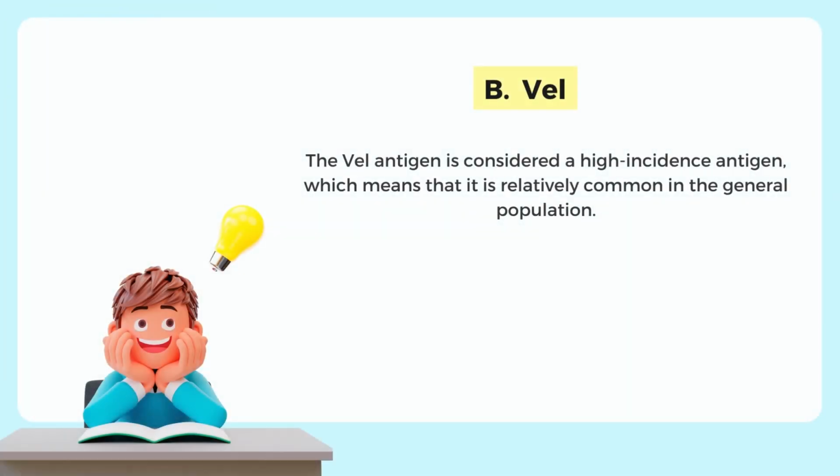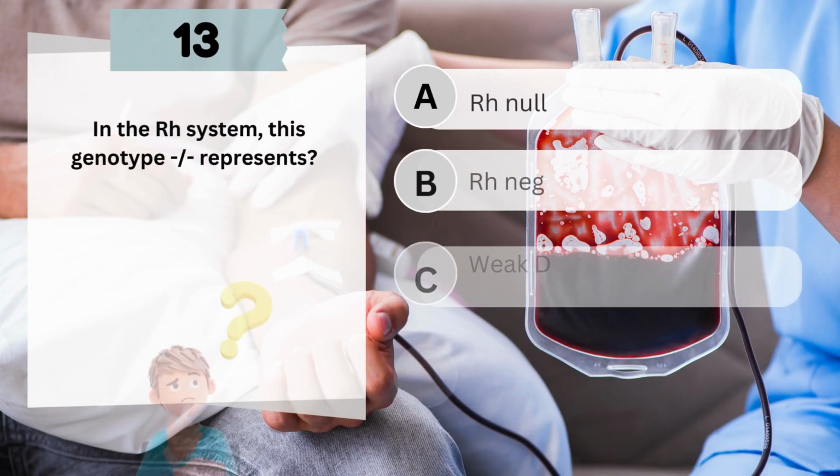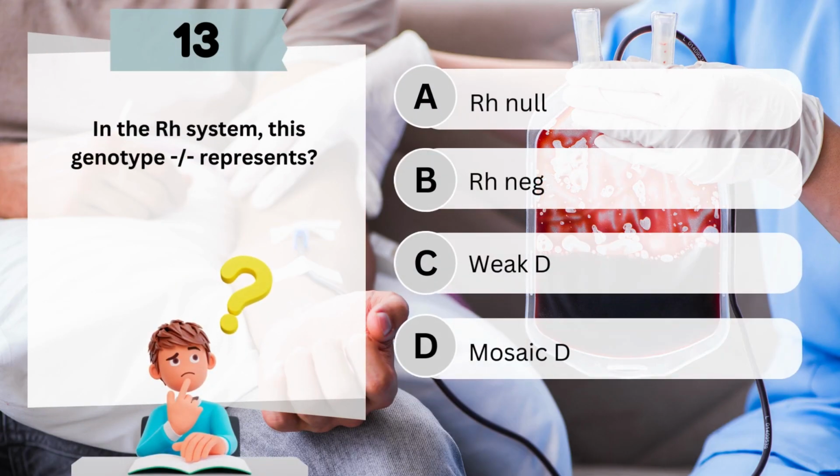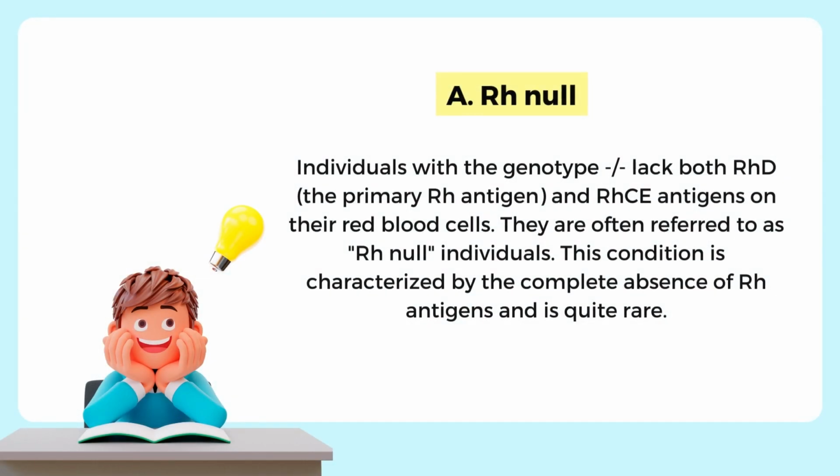The correct answer is B. In the Rh system, this genotype represents? The correct answer is A. Rh null.